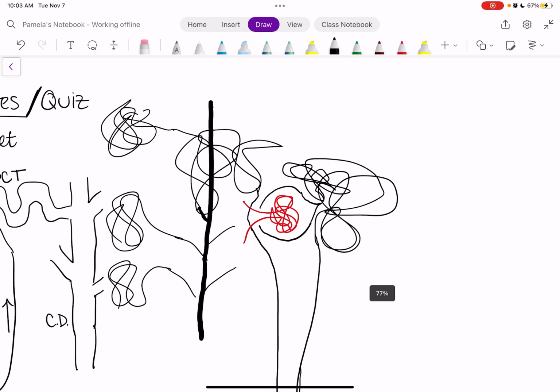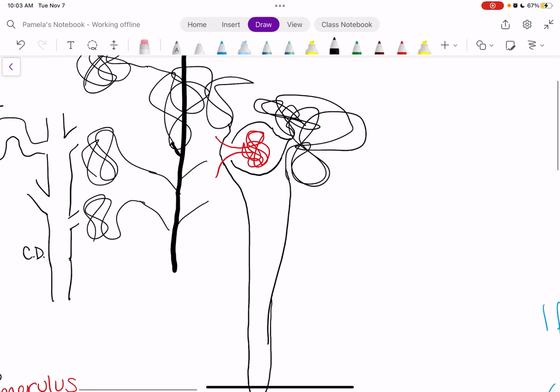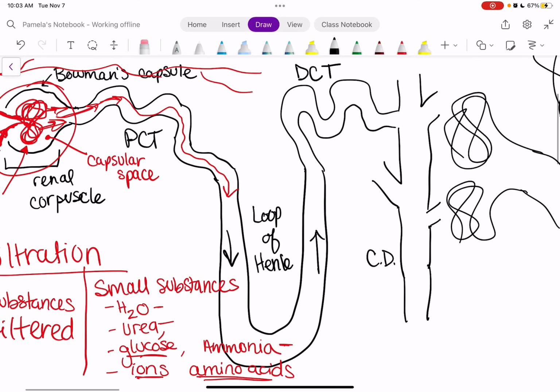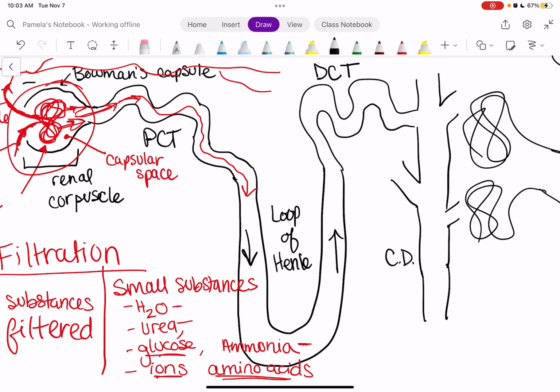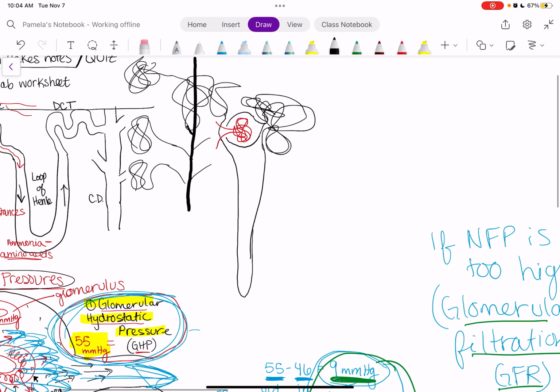So you could kind of get the idea. But what I really want to show you is that instead of our nephron being very stretched out, very elongated like we see in this picture here, the nephron is actually very, very condensed. See how it all fits in this area essentially.